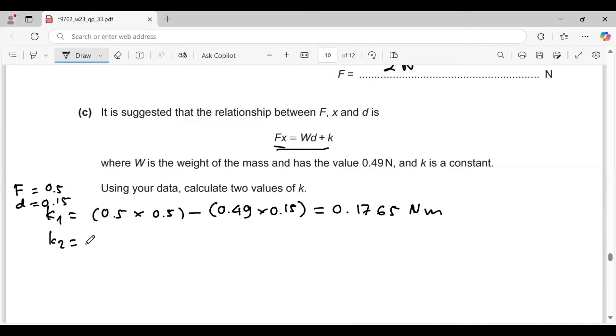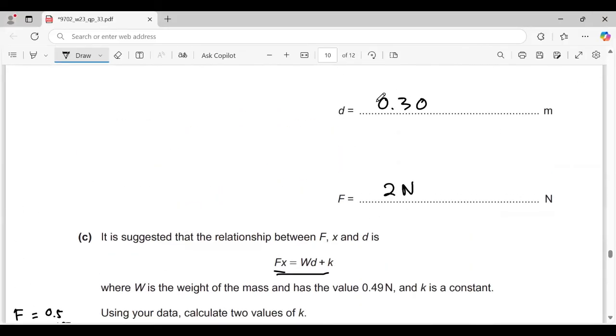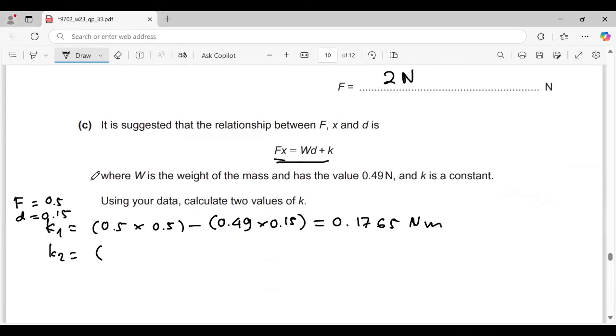The second K occurs when F equals 2 and D equals 0.30. So it's 2 multiplied by 0.5, minus 0.49 multiplied by 0.3.